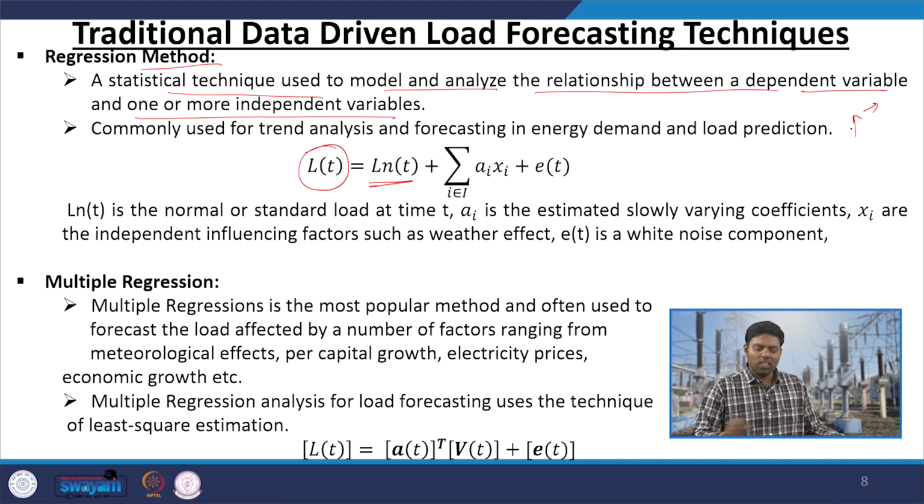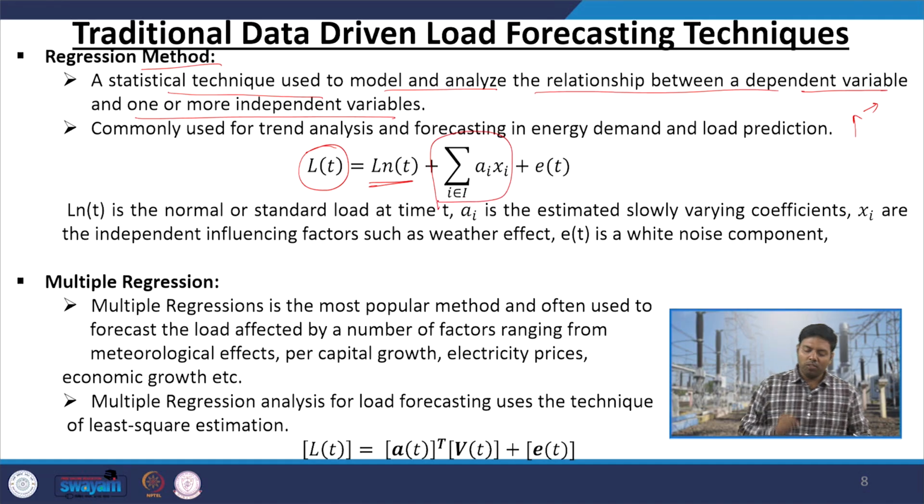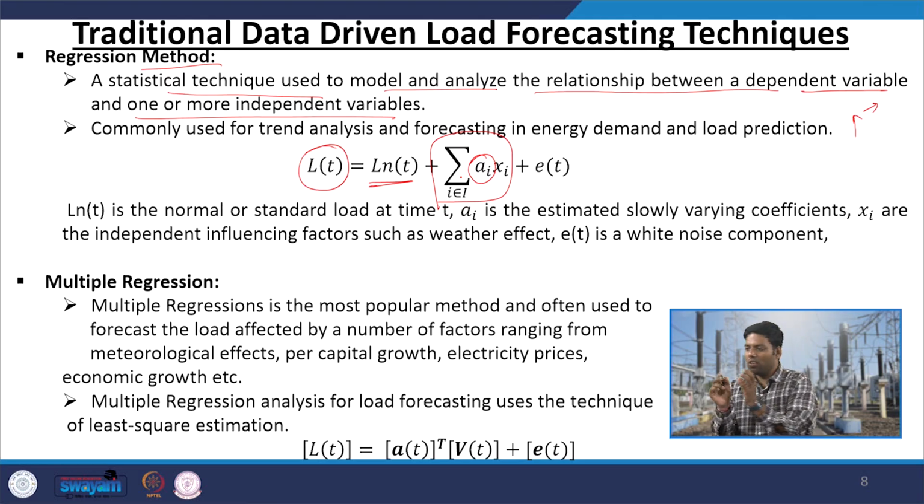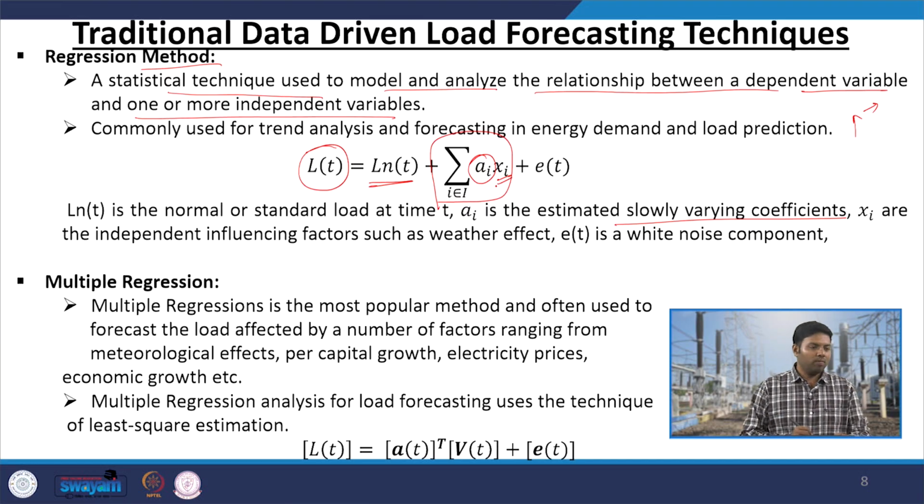So, you have a standard set for it, plus a little bit of weather influence. This ai is the coefficient which relates your weather with your load data. That coefficient you have to know, and it is a varying coefficient. That is your independent quantity plus some noise. Obviously, we add some noise to give some flexibility to the prediction process. There is a white noise component.